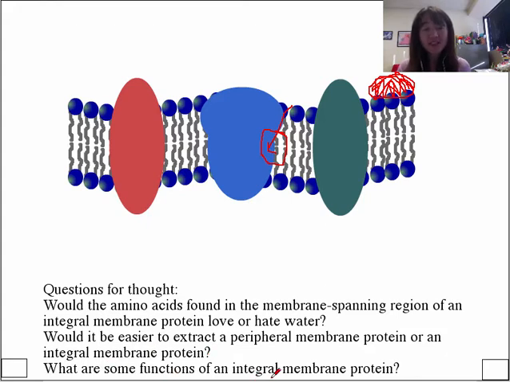So what are some functions of an integral membrane protein? Now this is where I think the questions get easy. Some of the things that an integral membrane protein does is transport, bringing molecules in, taking them out. Another thing that an integral membrane protein might do is act as a receptor. So maybe there's some molecule that binds to it and it triggers some intracellular response.